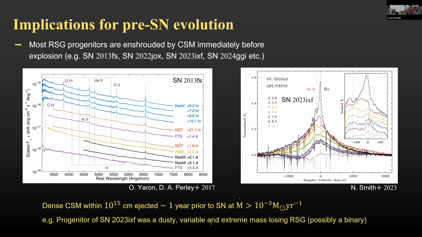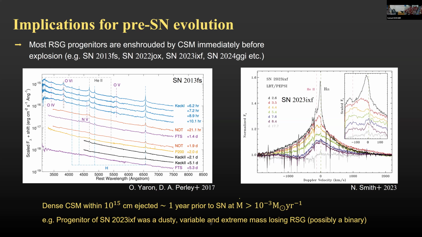For example, the progenitor of 2023 IXF was a very dusty, variable, and extreme mass-losing red supergiant, quite like WOH G64. And because of the asymmetry of the ejecta around the supernova or the progenitor, there is an argument that this was not a single star system, but a binary system, because you expect asymmetric ejecta or asymmetric outflows from binary interactions.